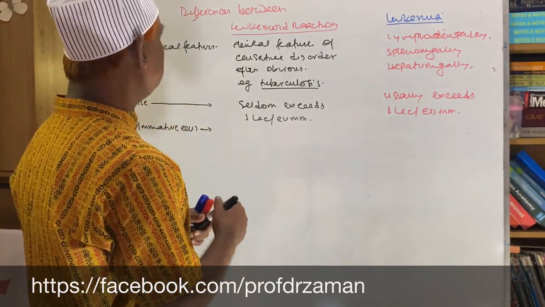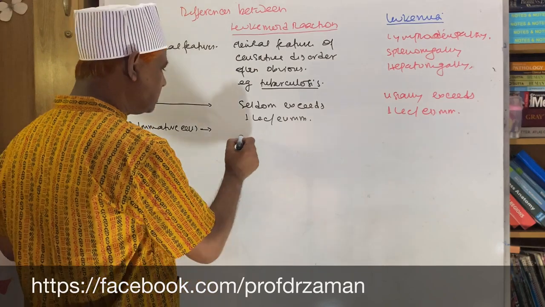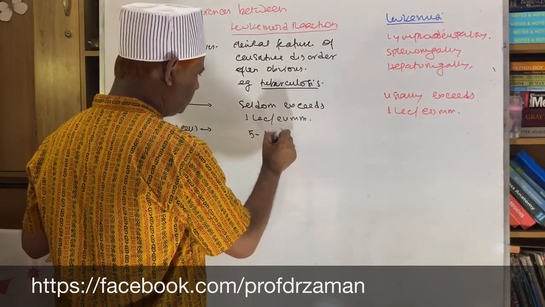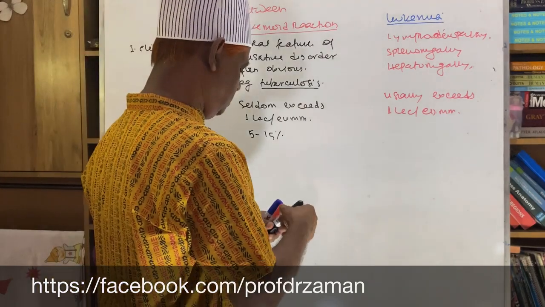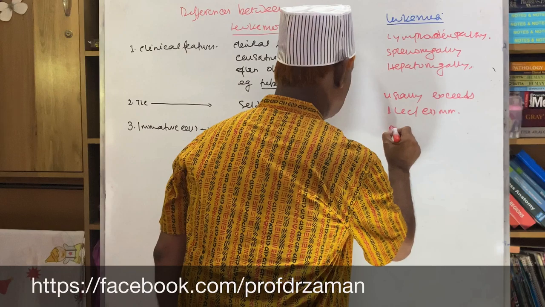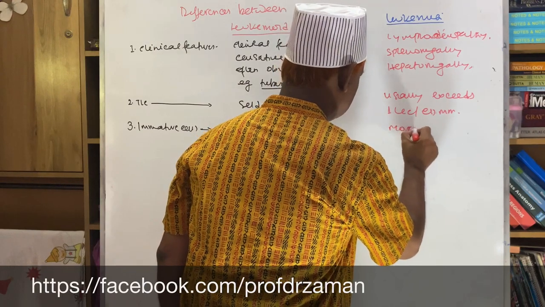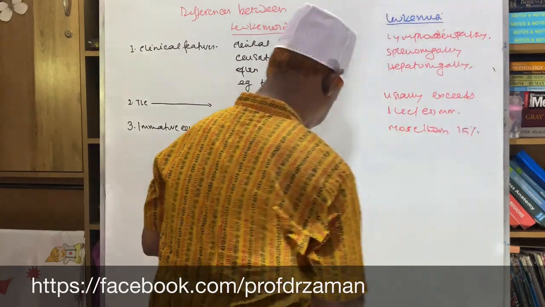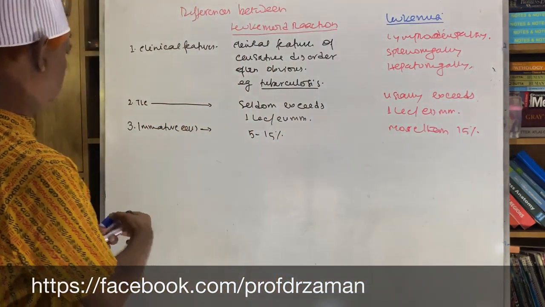So in case of leukemoid reaction, the invasive cells are 5 to 15%. But in case of leukemia, it is more than 15%.